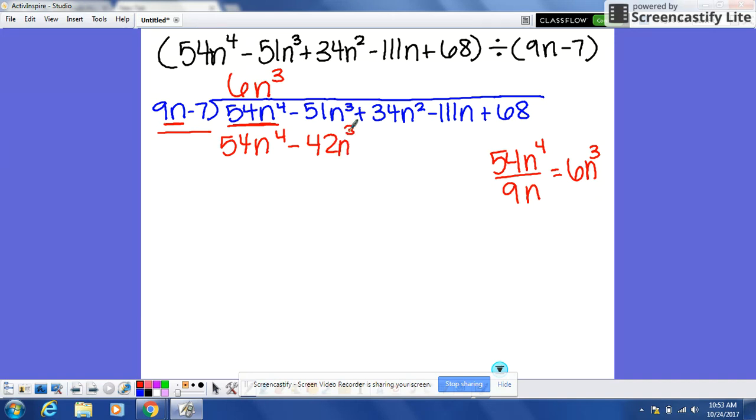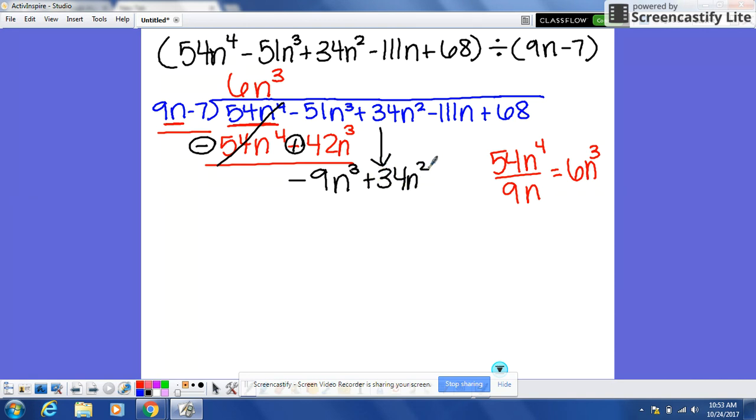All right, next step is to do what? Subtract. So change both of those signs. So that becomes a negative 54n to the 4th. That becomes a positive 42n cubed. So those will zero out. Negative 51 plus 42 is what? Negative 9n cubed. And then I need to do what? Bring down that 34n squared.